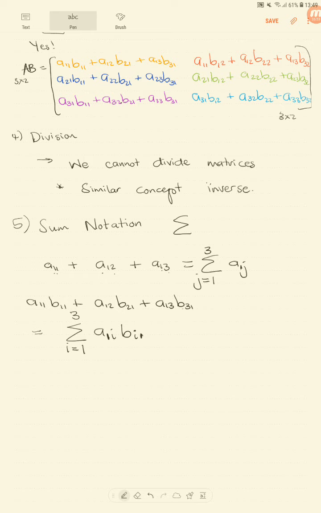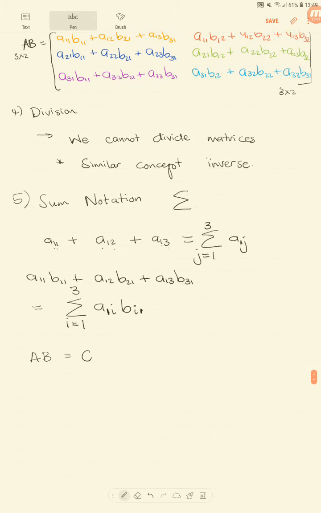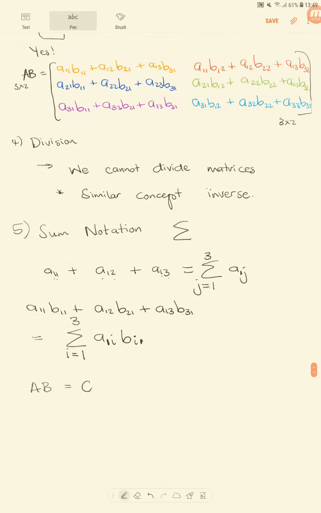So if we were to write AB as matrix C in sum notation, it would be equal to the sum of j equal to 1 to 3 of A1j Bj1.